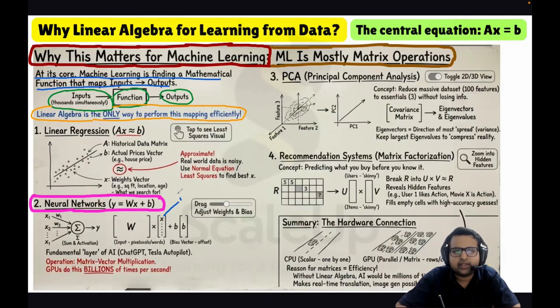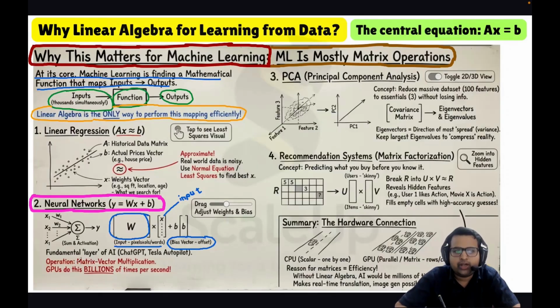Capital W is the weight matrix, and this weight matrix will be holding the weights. And small b is the bias vector, an offset.